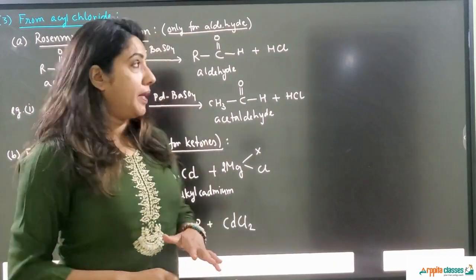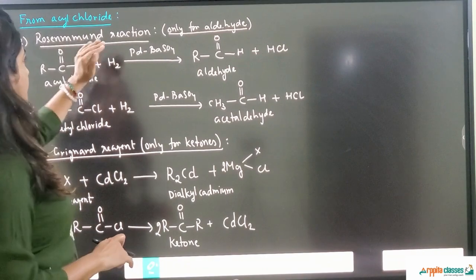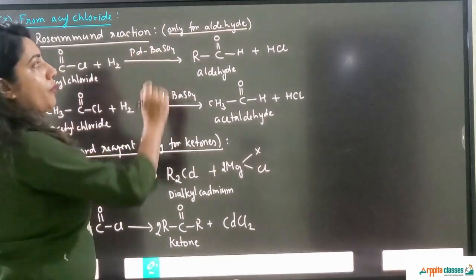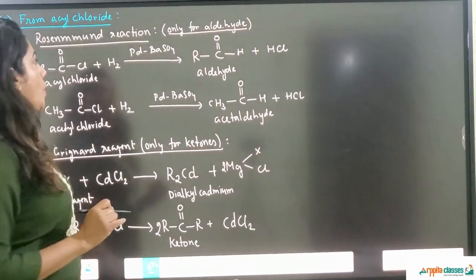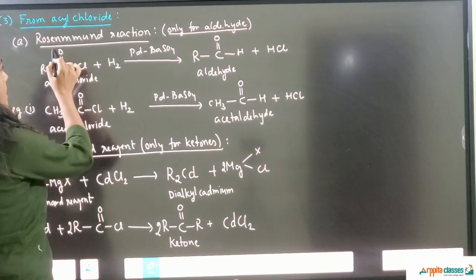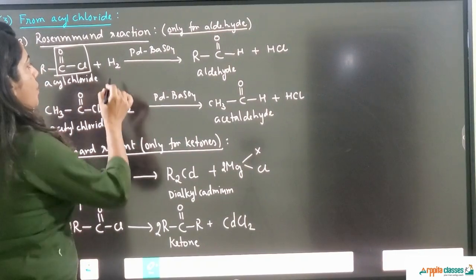Now the third preparation is from acyl chloride. Here we have the first reaction, that is the Rosenmund reaction. It's a name reaction and it is only applicable for the preparation of aldehyde, remember. Here we are going to use an acyl chloride as our substrate. The COCl group is called acyl chloride. Plus hydrogen.